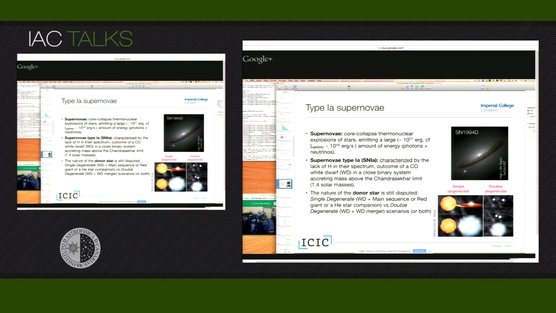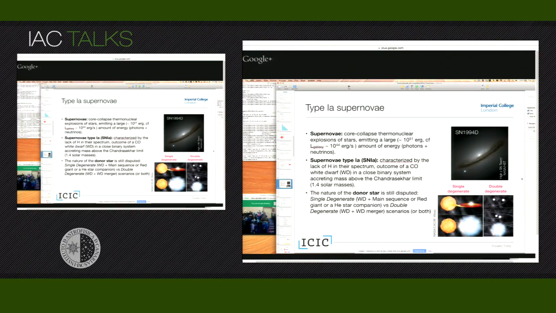However the supernova type 1a explosion comes about, the point is that there is this limit mass, the Chandrasekhar mass, which is the limit past which you get a type 1a supernova, and which is roughly the same in all scenarios, whether it's single degenerate or double degenerate.